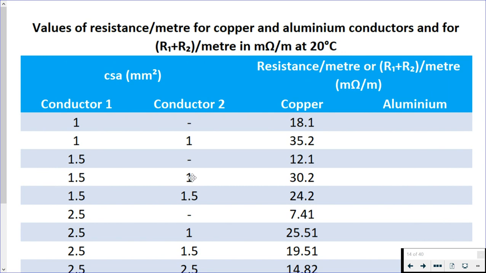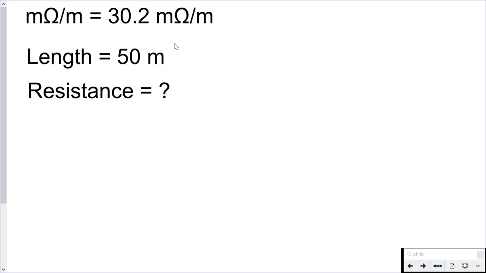So we have a 1.5 millimetre squared line conductor and a 1 millimetre squared protective conductor, which gives us an accumulated milliohm per metre value of 30.2 milliohms per metre.